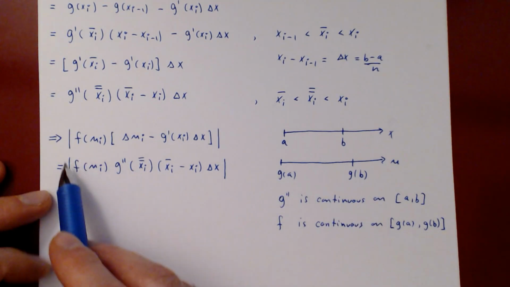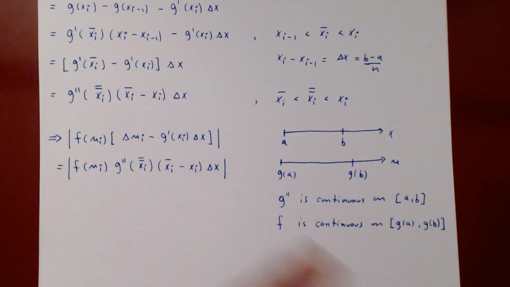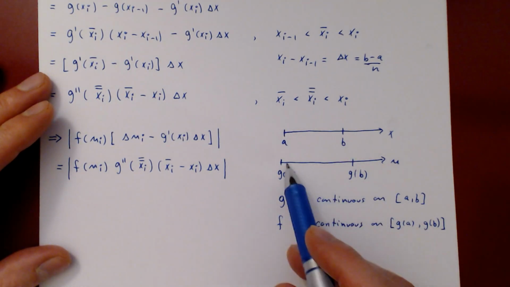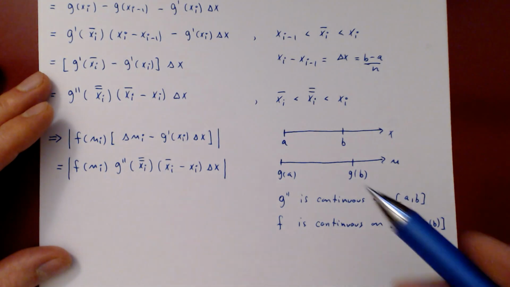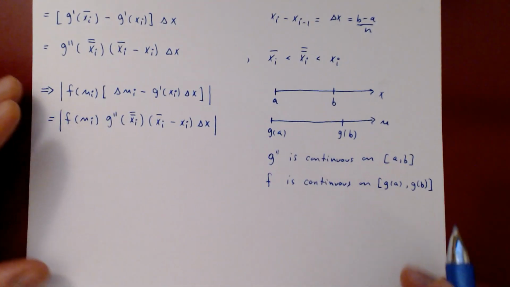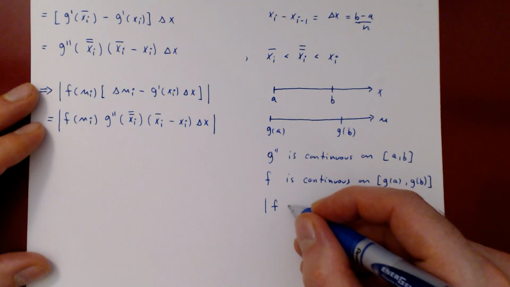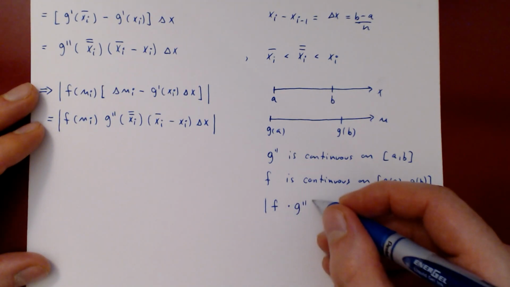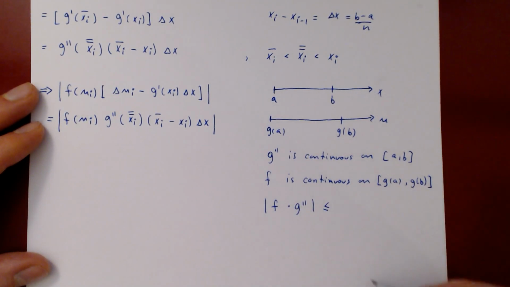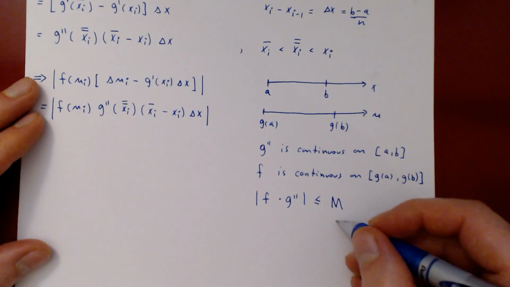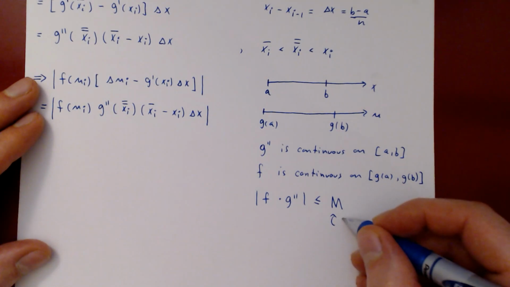So the product will be at most a fixed constant as long as x is between a and b and u is between g of a and g of b. So this means that the product between f at any point times g double prime at any point will be absolutely bounded by a fixed constant, say m. So m is a fixed constant.